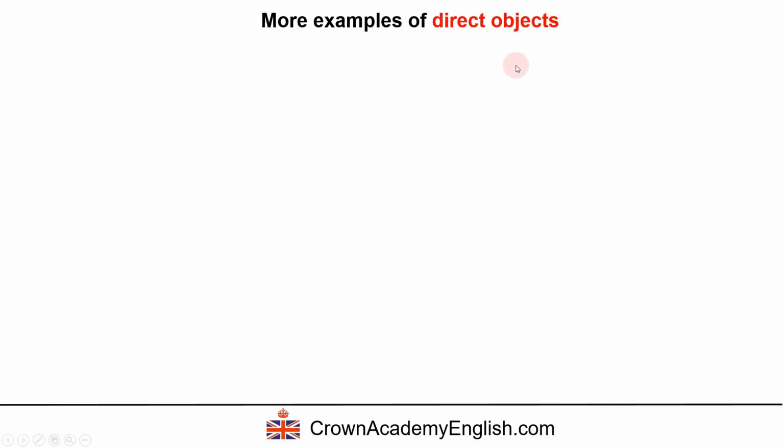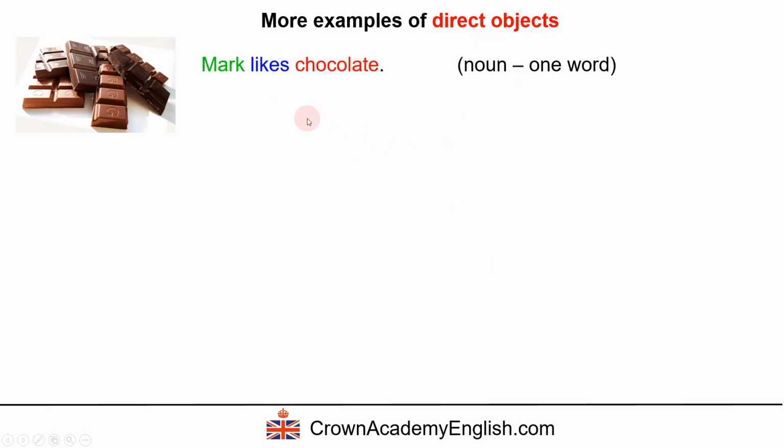Let's look at some more examples of direct objects. Mark likes chocolate, and this time it is a noun and it is one word. What does Mark like? Chocolate. Now this is slightly more complicated. Mark likes eating chocolate, and this is a phrase.